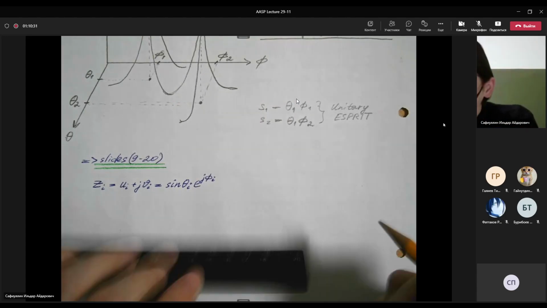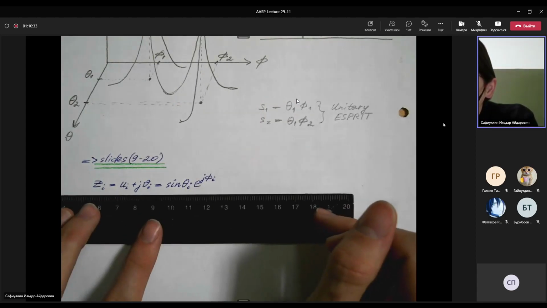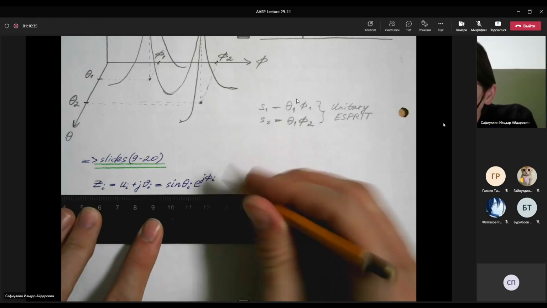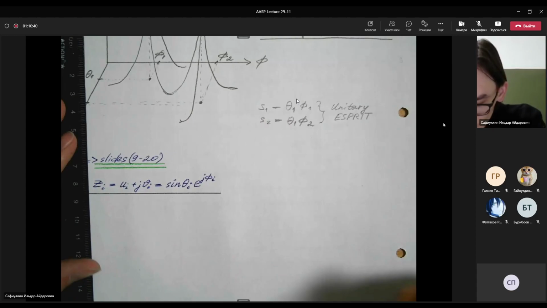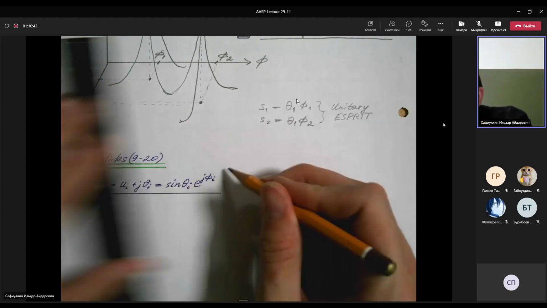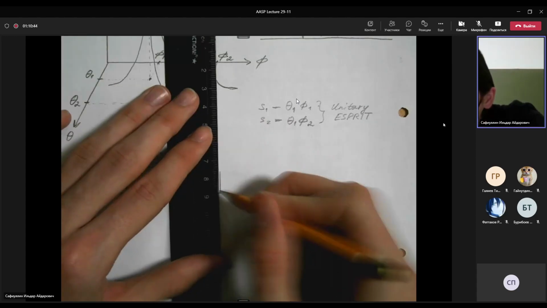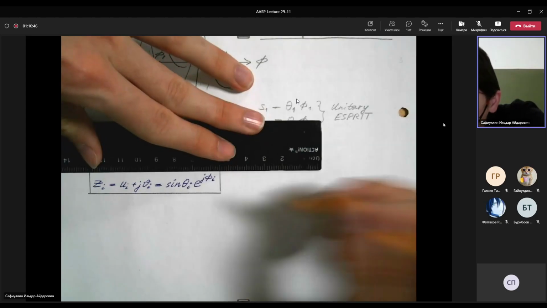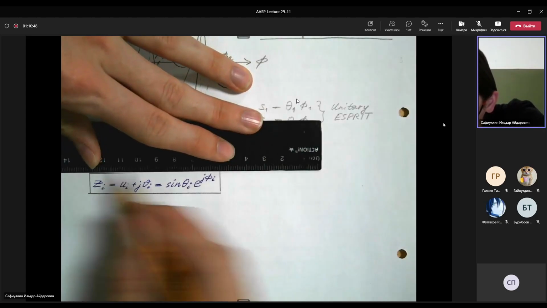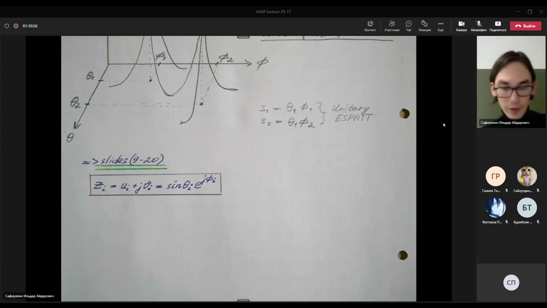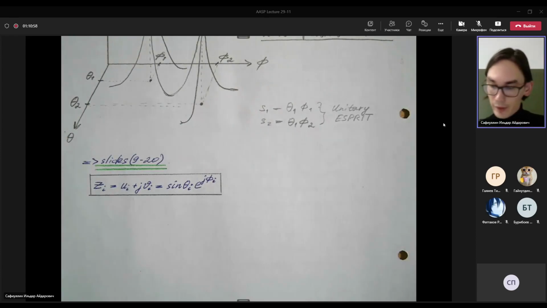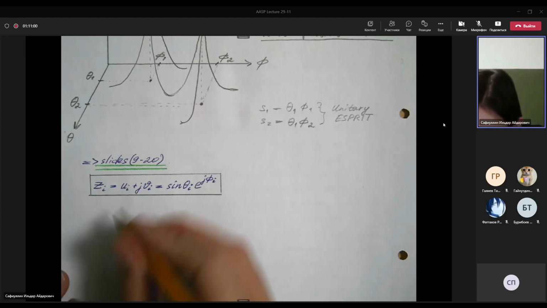Let's put this equation into a box. And we need correct pairing of these two values here.